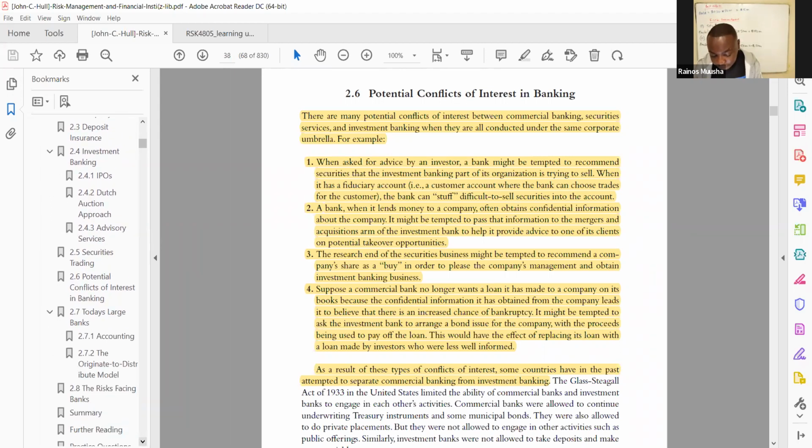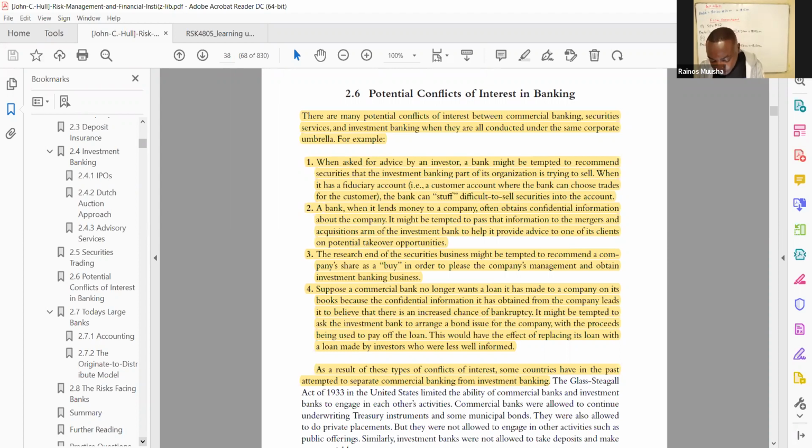Then they also say the research end of the securities business might be tempted to recommend a company's share as a buy in order to please the company's management and obtain investment banking business as well. Then they also say, suppose a commercial bank no longer wants a loan it has made to a company on its books because the confidential information it has obtained from the company leads it to believe that there is an increased chance of bankruptcy.